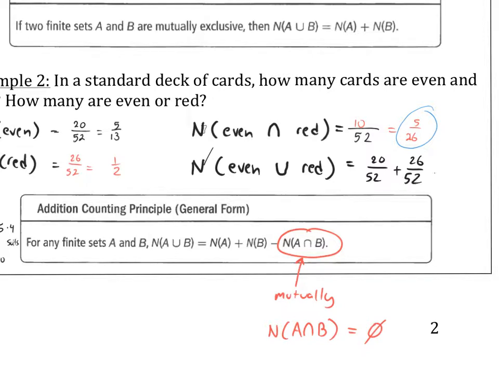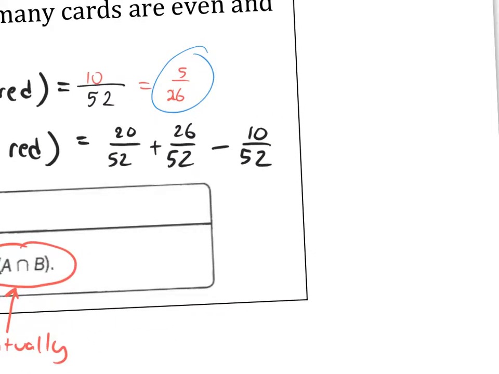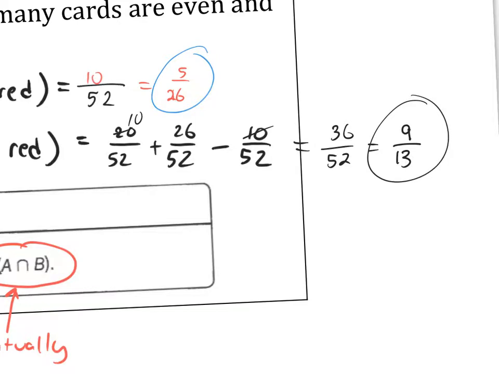And then lastly, we're going to get rid of one of the double countings. That's the intersection of those. And as you see here, that becomes 10. So 36 over 52. Divide by 4 to be 9 out of 13.